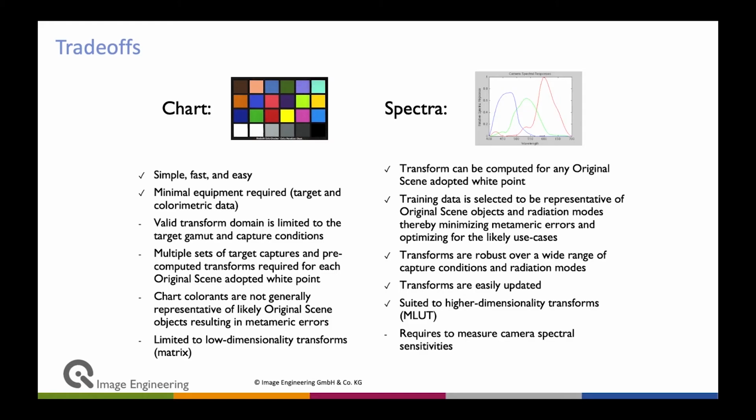If you use a chart-based approach, you have to have these light sources actually in the lab or in the production line to optimize for that. And that's a hassle. Having many different light sources in there is really a problem. With a spectra-based approach, you actually just do that mathematically. You measure spectral sensitivity, and then you can calculate for as many combinations as you like.